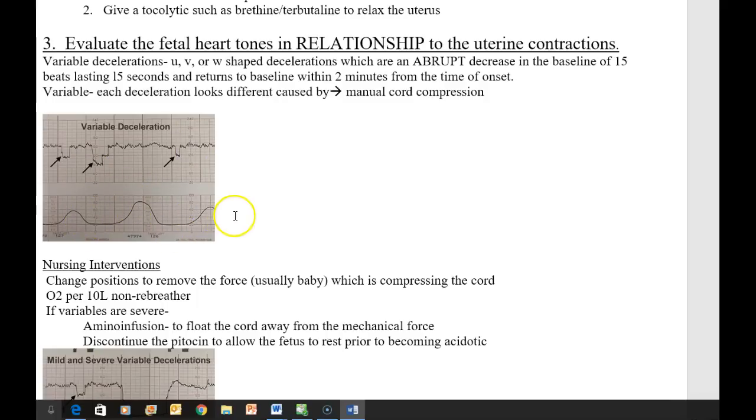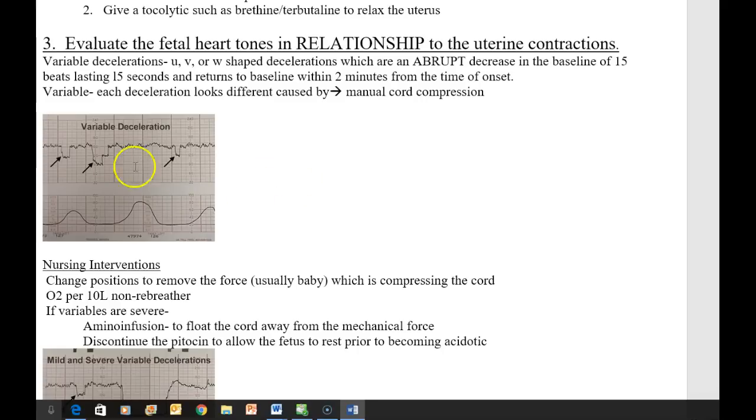There's no pattern. And so you guys, if it goes down 15 seconds and comes back up, it looks like an acceleration, kind of upside down. When we have these variable decelerations, we know that these are cord compression. We know the water comes out when the water breaks.